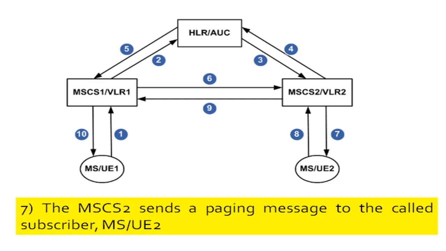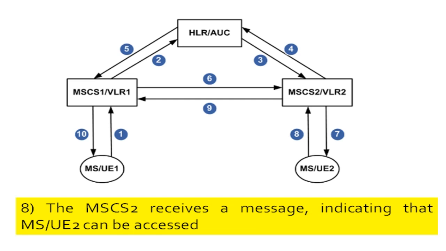Then in the next step now, what do we have? In step 8, the MSC2 receives a message indicating that MS2 or UE2 can be accessed. So after sending the paging request, MSC2 is going to accept, yes, I am available, I can be accessed.